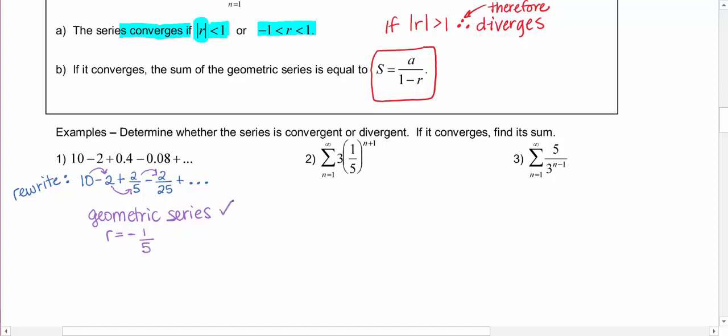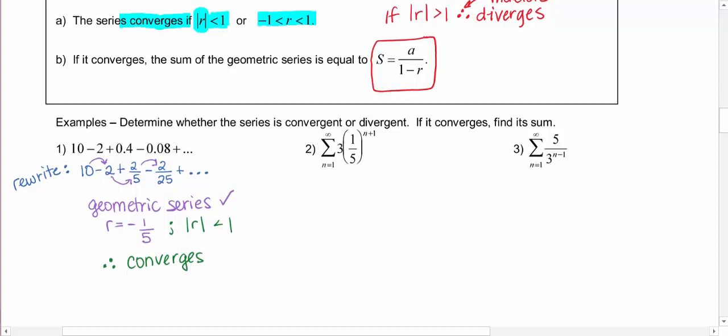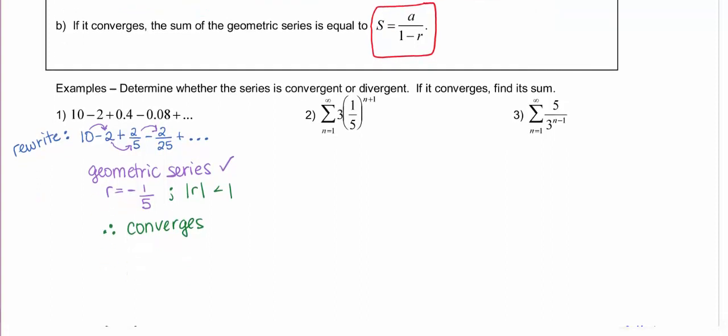So I just checked to myself, yep, this is a geometric series. The common ratio being negative 1/5 means the absolute value of that is less than 1. So I would say this will converge, which means I can find the sum, again, only because it's geometric. So if it's geometric, we can go to finding the sum. And here's why it's helpful to have that first term written out. If it converges, then we can find the sum.